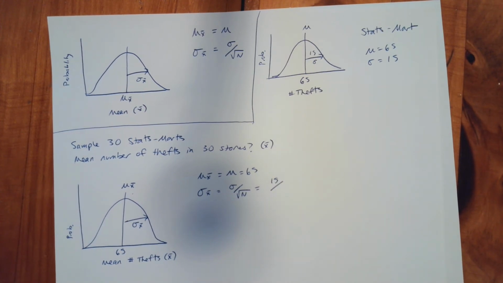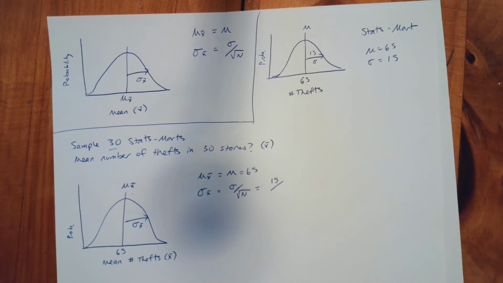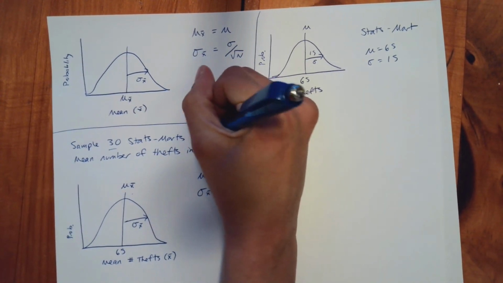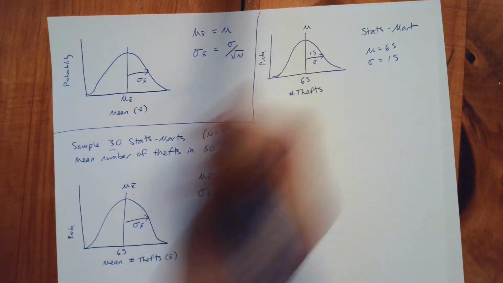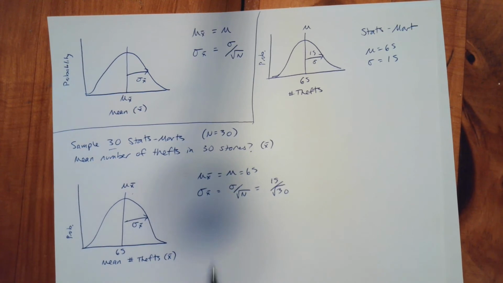The sample size is the number of cases that are included in the sample itself. So here we have a sample of 30 stat smarts. Our sample size is 30. And I'll just write this here: n is equal to 30. Anytime you see a sample of some number, that's your n.